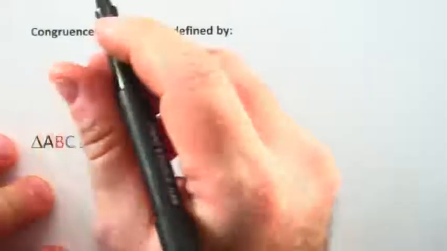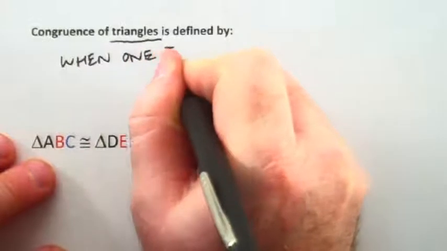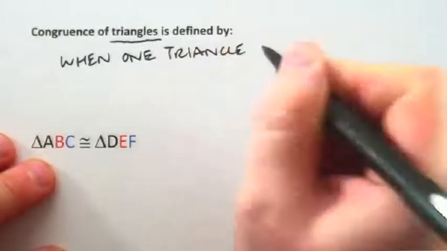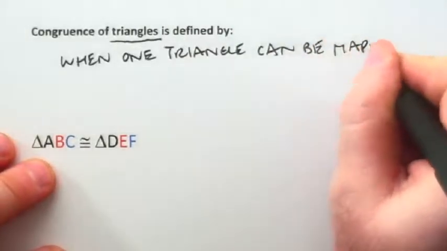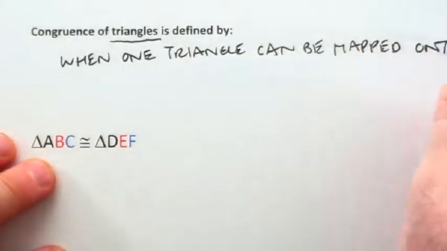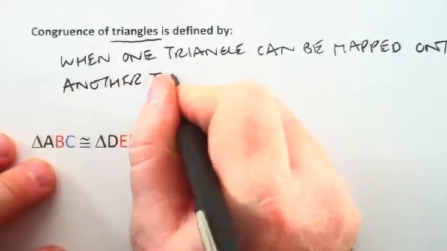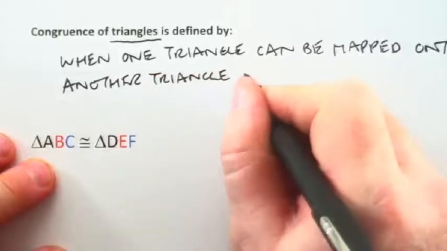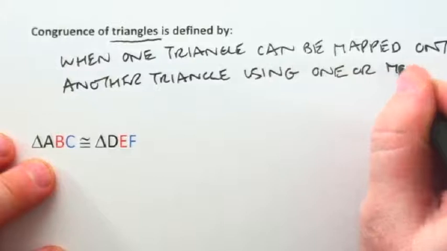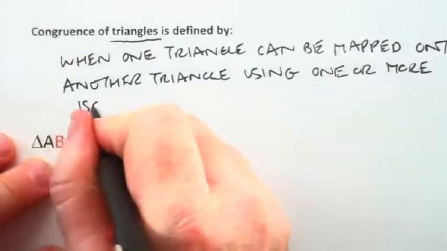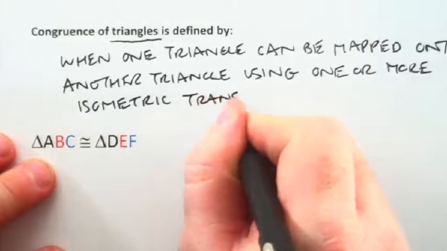So two triangles are congruent when one triangle can be mapped onto another triangle using one or more isometric transformations.